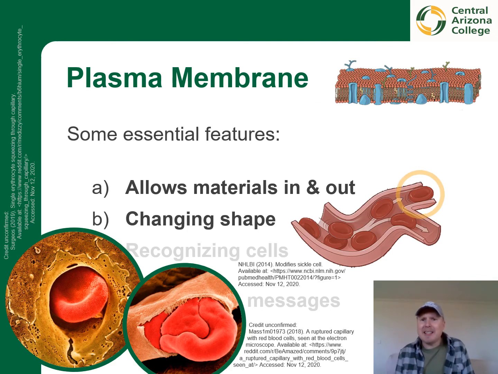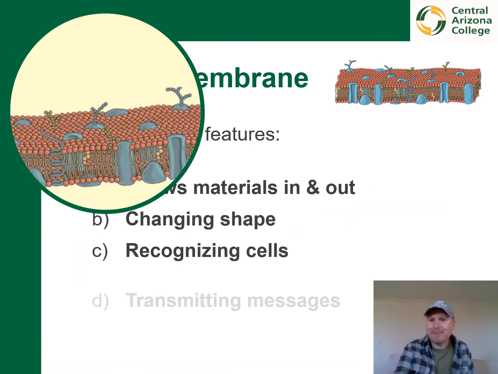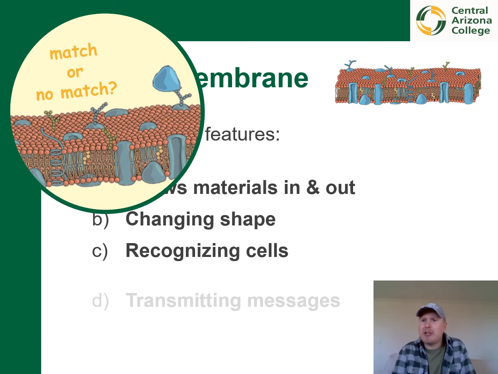The second thing to highlight about the plasma membrane's properties is that it is able to change shape as needed. For example, here we see the cell membrane changing its shape as a red blood cell squeezes through a capillary. The next one that I would like to mention is that there are components within the plasma membrane that allow us to recognize other cells.